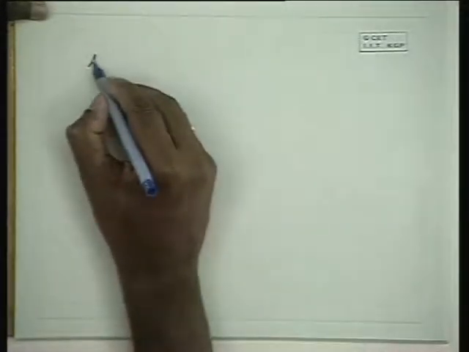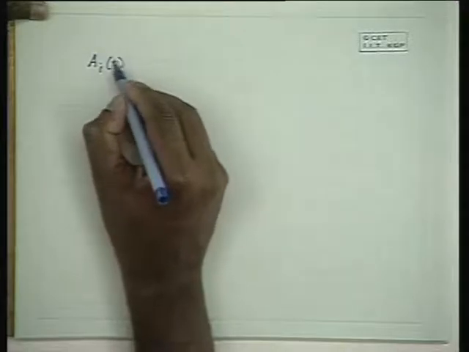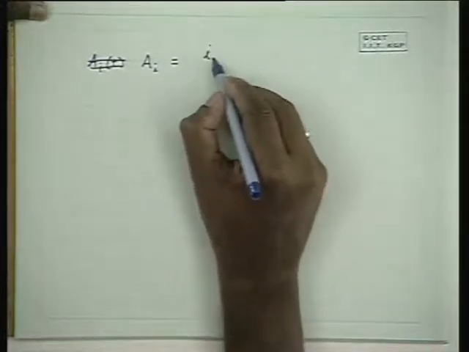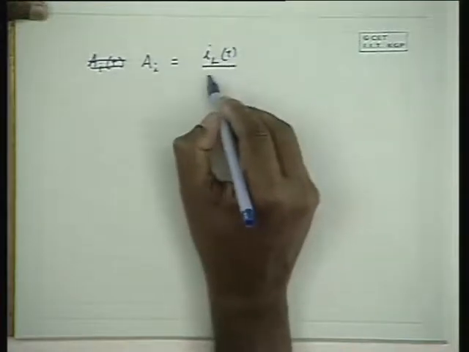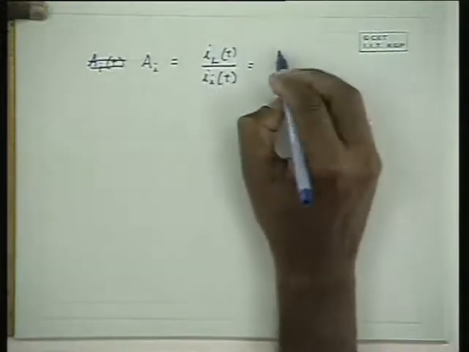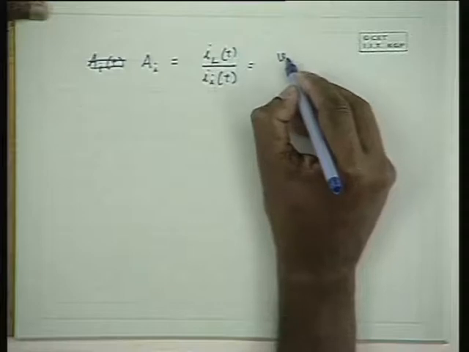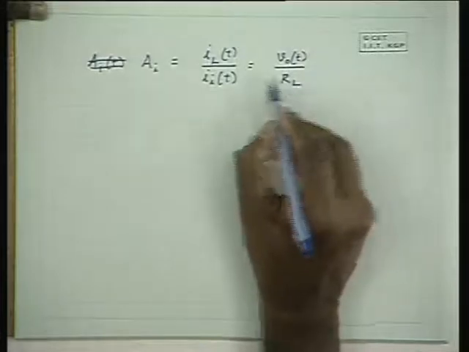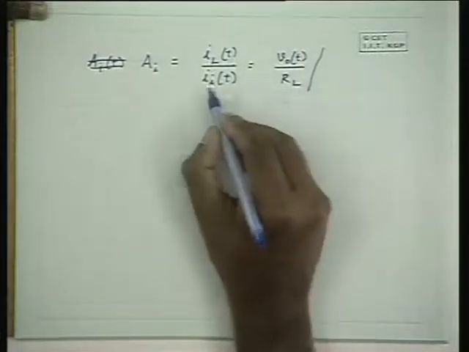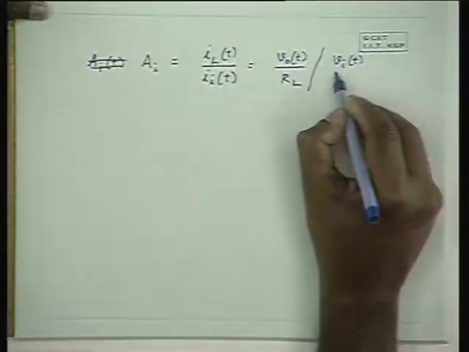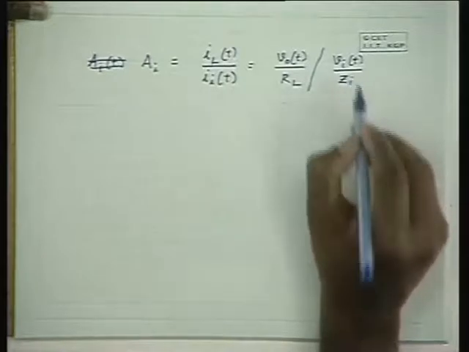The expression for the current gain is equal to the load current divided by the input current, and the load current is the output voltage V0T divided by RL, and the input current IIT is equal to VIT divided by Zi.